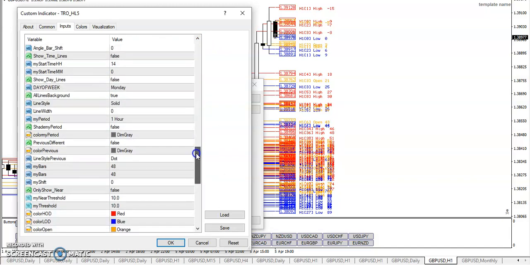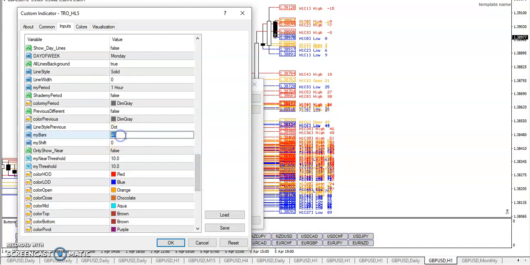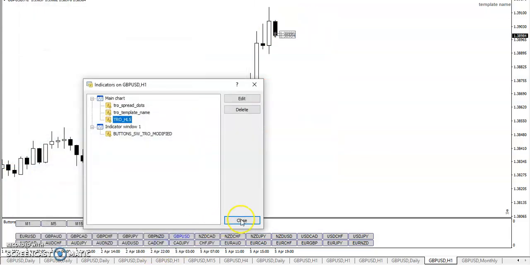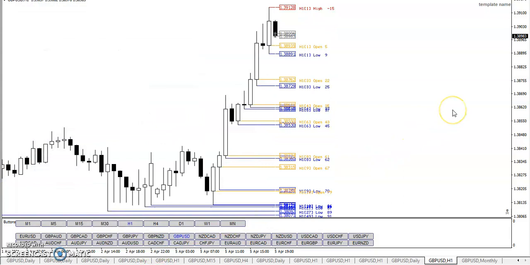Now, you might want to set this to the last 72 hours. And once again, you can see what's happened. You know, this is just really simple stuff. I mean, you could plot these lines by hand, but let the indicator do the work for you.